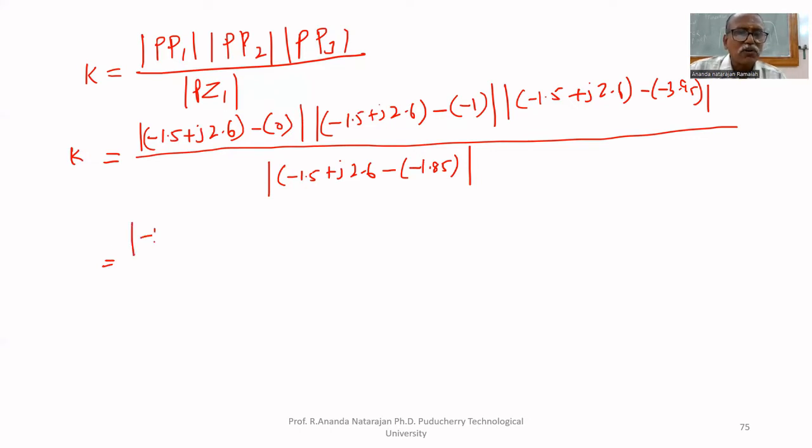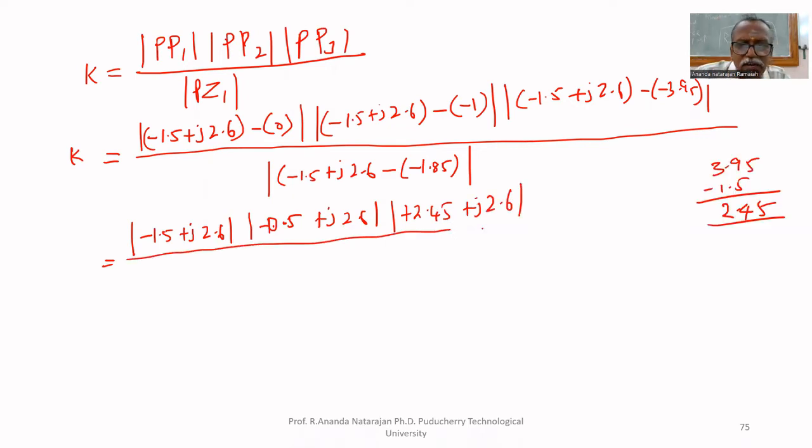So first let us write minus 1.5 plus j 2.6 multiplied by minus 1.5 plus 1, equal to minus 0.5 plus j 2.6, multiplied by minus 1.5 plus 3.95, minus 1.5 plus 3.95 is 2.45, so 2.45 plus j 2.6, whole divided by minus 1.5 plus 1.85, which is 0.35 plus j 2.6. These are all we need to find the lengths.